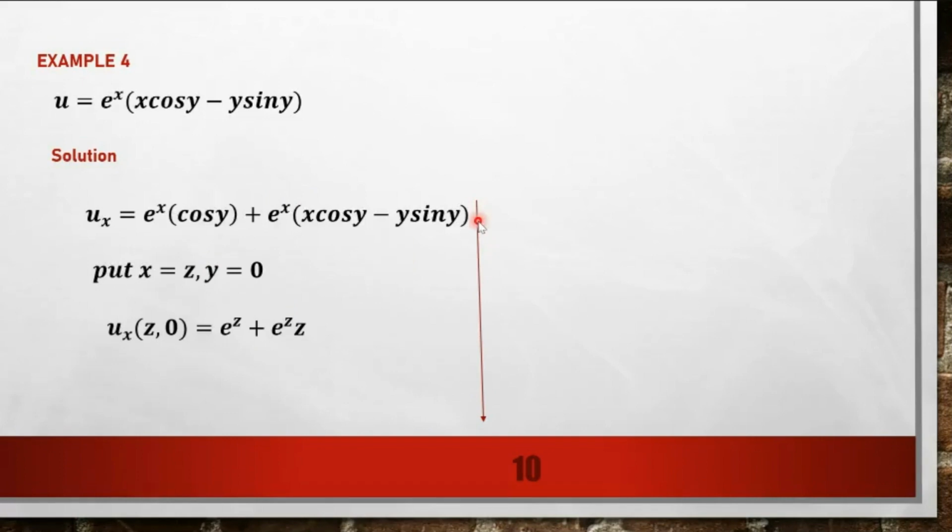Rest all the terms will become 0 and cos y will become 1. Or I can write this as e raised to z into (1 plus z). Okay, correct. So ux is equal to e raised to z into (1 plus z).